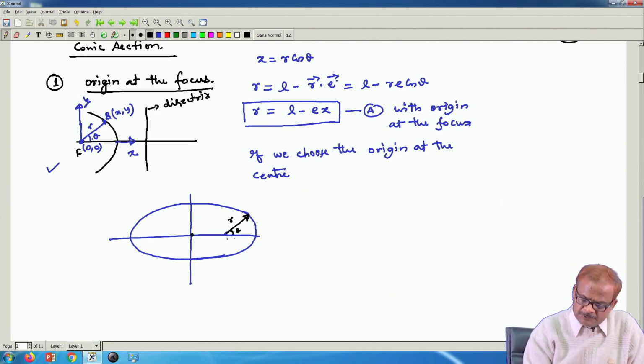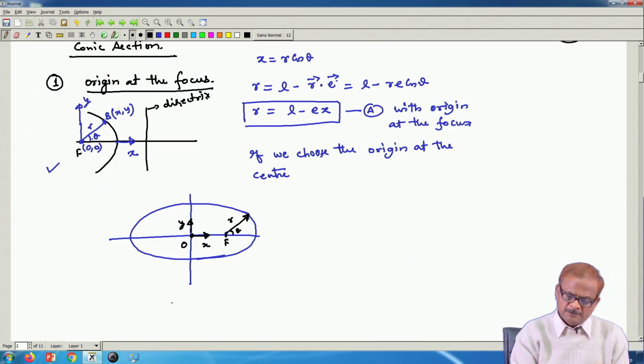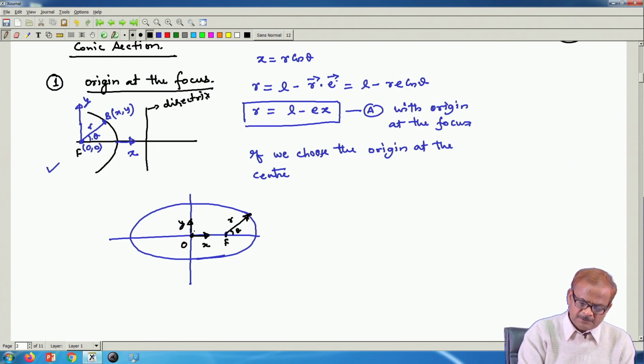Okay. Instead of choosing the origin here at F, we choose the origin at the center. So, let us say this point is O. Okay. So, we measure the distances along x here and y along this. So, therefore, the coordinate of this point with respect to this origin, which will be marked (0, 0), will change.